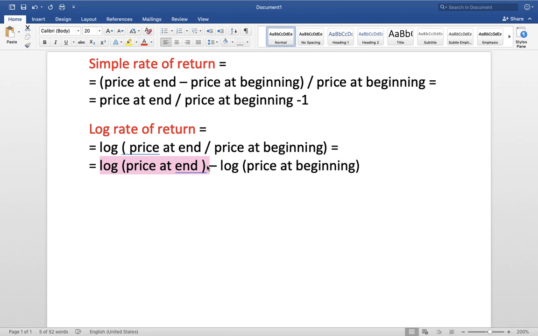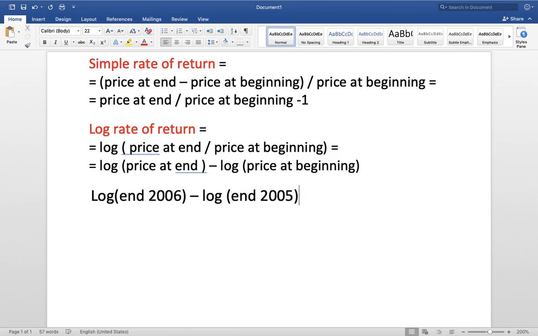The second one is a computational reason. The computational reason is pretty simple. If you have the logarithm rate of return of a period, and the logarithm rate of return of the next period, so for example, I have the log of end 2006 minus the log of end 2005.